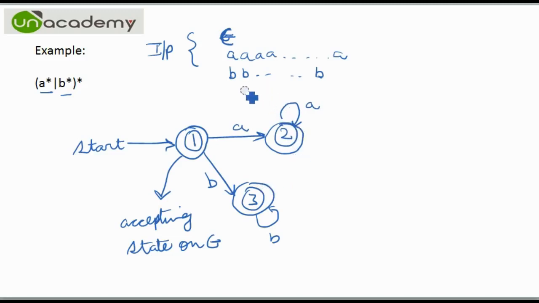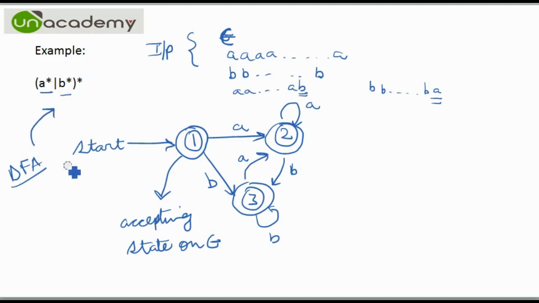Suppose we have a string like A and it ends in B, then this automata will move from 2 to 3. Similarly, if we have an input like B and ends in A, then this automata will move from 3 to 2. So this is what our DFA for this regular expression looks like.